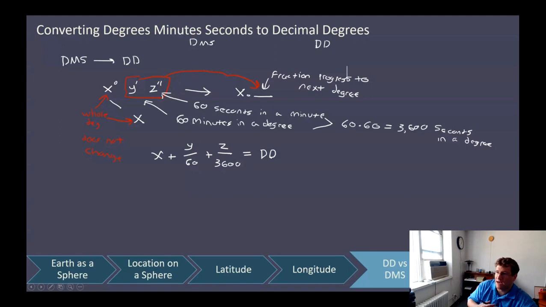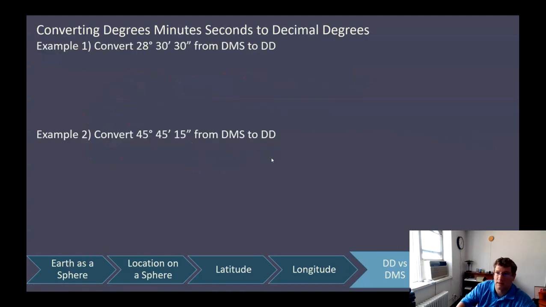Okay, if that doesn't immediately make sense, let's look at 2 example problems. Let's look at the problem of 28, 30, 30, and 45, 45, 15.